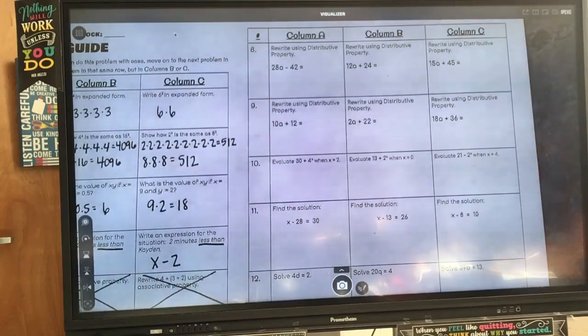You have to rewrite them, but how are they different from the ones we just did? They don't have parentheses. So if you remember way back in the day, when we did distributed property, we used GCF, right? To find the number that's gonna go on the outside. So essentially, if you need to use GCF to solve some of these problems, that's what you need to do.